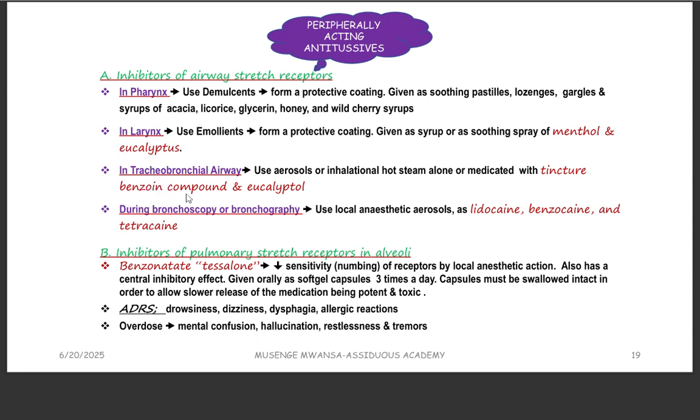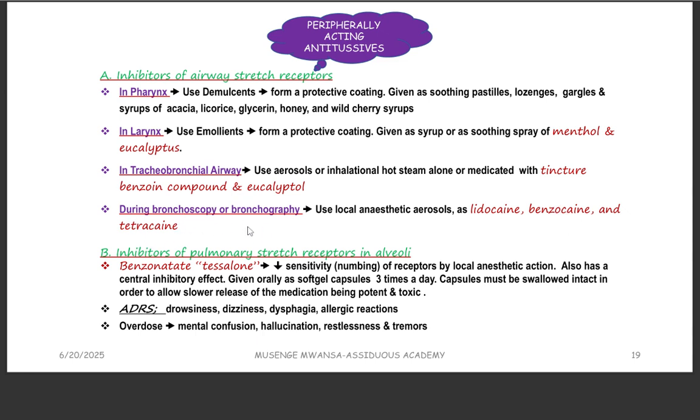And then in the tracheobronchial airway, you use aerosols or inhalation or hot steam alone, or medicated with the tincture, benzoin compounds, and eucalyptus. It's not something that you should really master like that. And then during bronchoscopy or bronchography, when you are trying to use an instrument to go through the bronchioles, you use local anesthetic aerosols like lidocaine, benzocaine, and tetracaine.